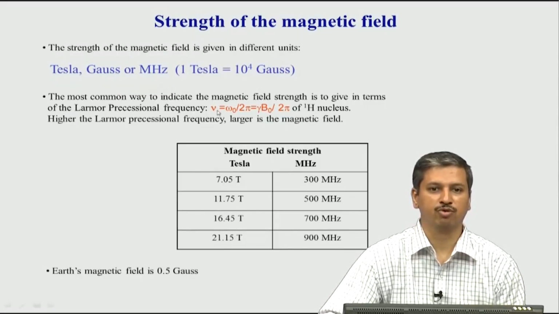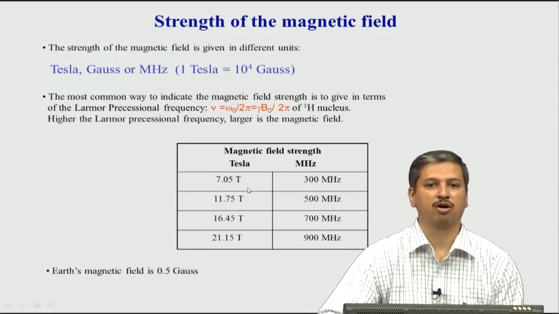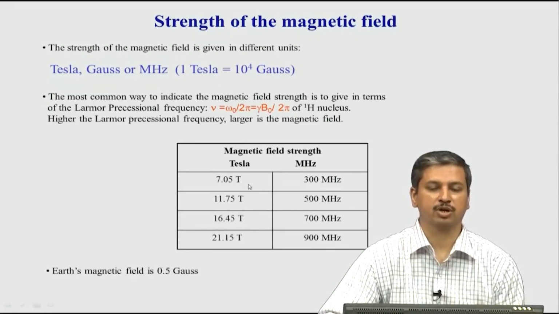Nu is a frequency, in hertz or megahertz, whereas B0 is in Tesla. If you multiply by gamma, which you can see from a lookup table, you will get the value of nu in the typical range of megahertz, and that is why all the NMR systems are typically described in megahertz.